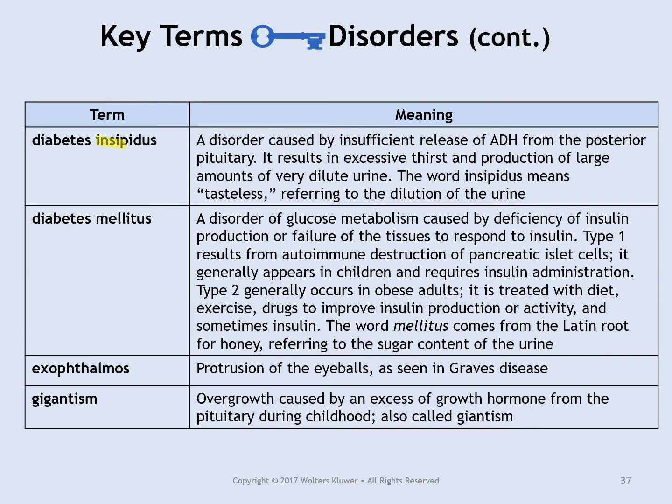So diabetes insipidus, that's when there's not enough antidiuretic hormone from the posterior pituitary. That wasn't mentioned during the lecture, but ADH is made in one of the pituitary glands, in this case the posterior gland. So you have excess thirst and lots of dilute urine.